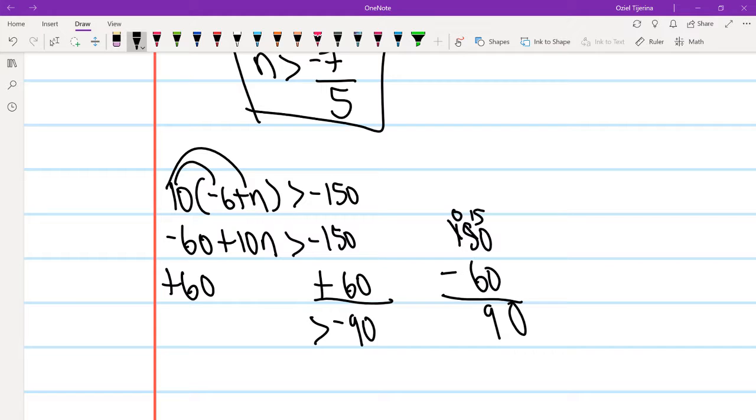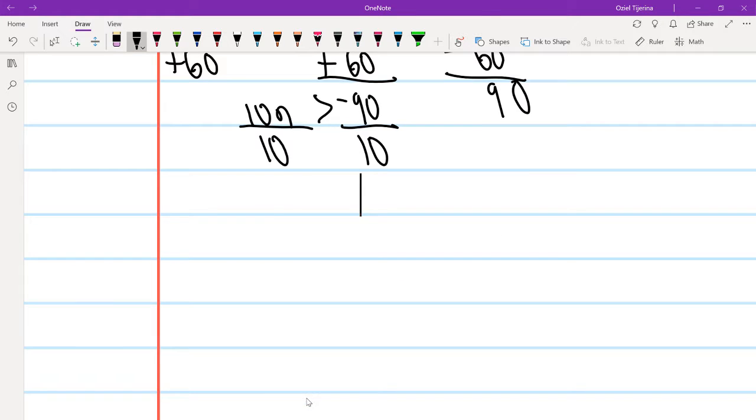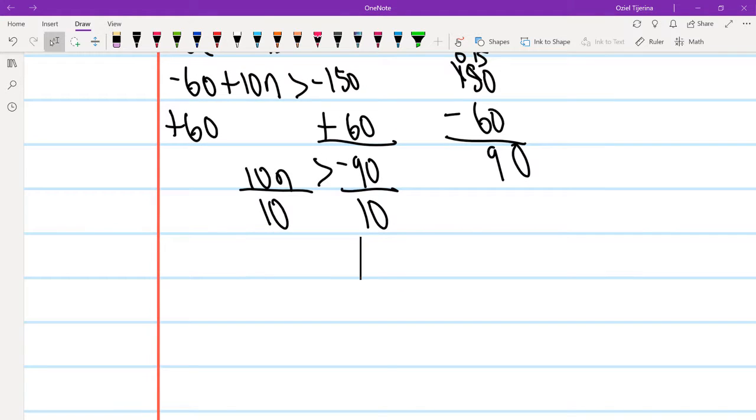So 10n is greater than negative 90. Since we're not dividing by a negative number here, we just say n is greater than negative 9.